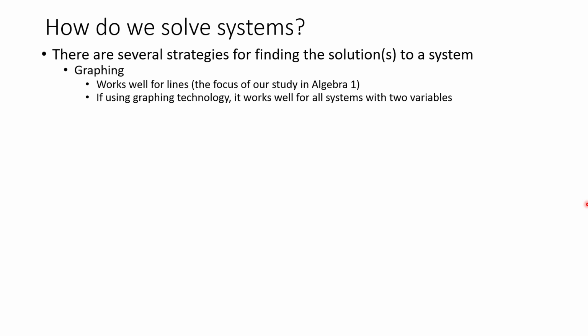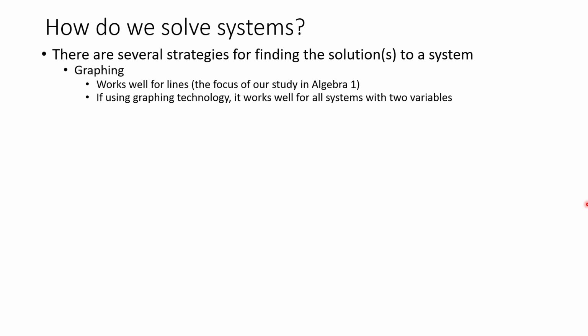If you have graphing technology, it works well for all systems that have 2 variables, including systems that do not involve lines. So we really start our study of algebra off with lines, but as you move into the latter parts of Algebra 1 and into Algebra 2, then you'll have other kinds of graphs that are not lines.